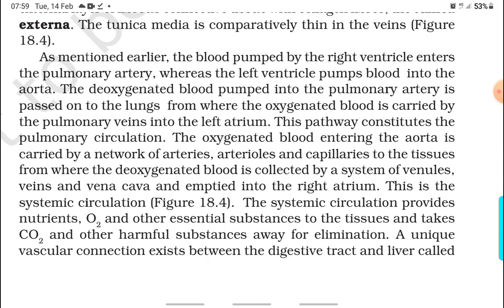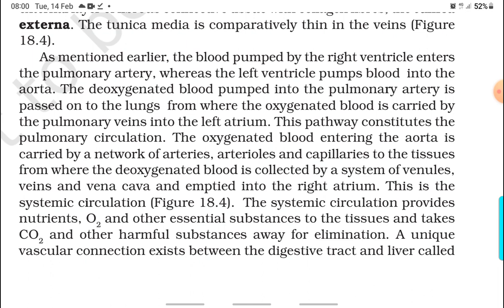The oxygenated blood entering the aorta is carried by a network of arteries, arterioles, and capillaries to the tissues, from where the deoxygenated blood is collected by a system of veins, and vena cava, and emptied into the right atrium. This is the systemic circulation.